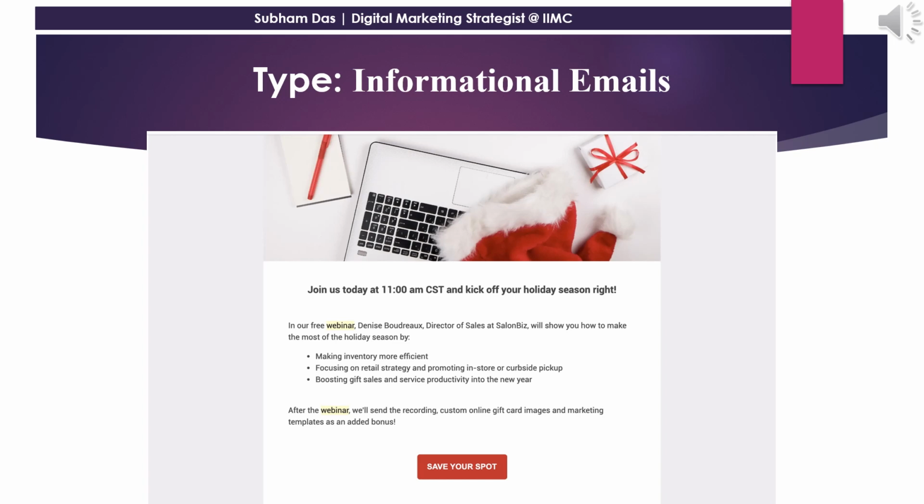So these are specifically informational in nature. That is why the name informational emails. They are basically announcements that you want to send to a larger audience base, not in a newsletter but in informational emails. Now the next slide.